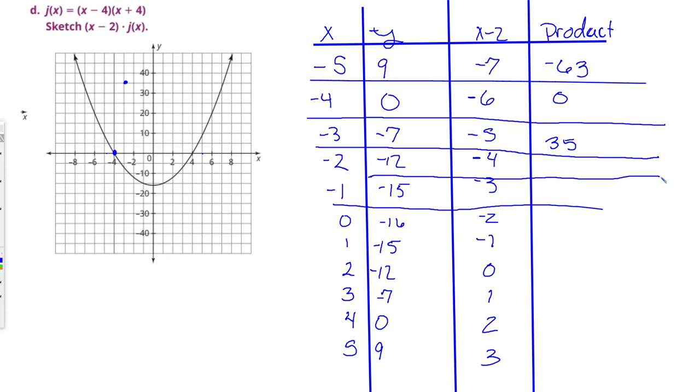-12 times -4. Positive or negative? And so estimating right about there. How about -15 times -3?